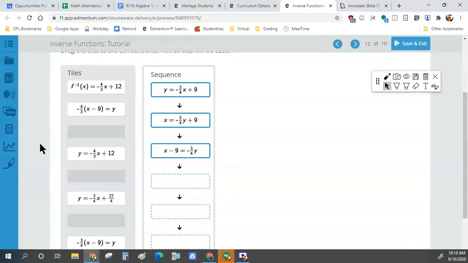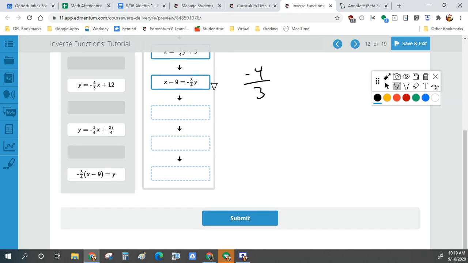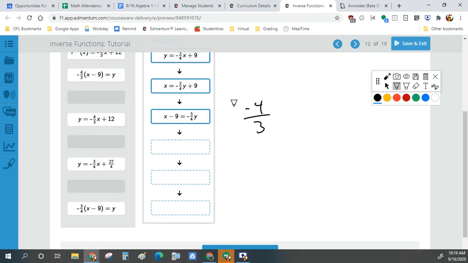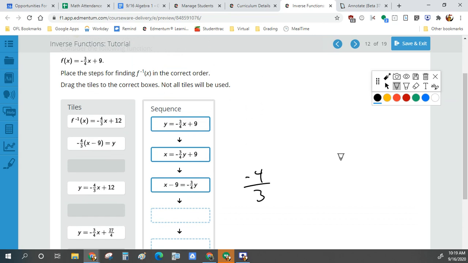Now, here's the thing I don't like about Edmentum. It's always inconsistent. They just taught us to multiply by -4 and then divide by 3. Then they're going to be like, oh, multiply by -4 and divide by 3 at the same time. It's cool, but they just taught us to do the other way. So I don't blame you if you get confused.